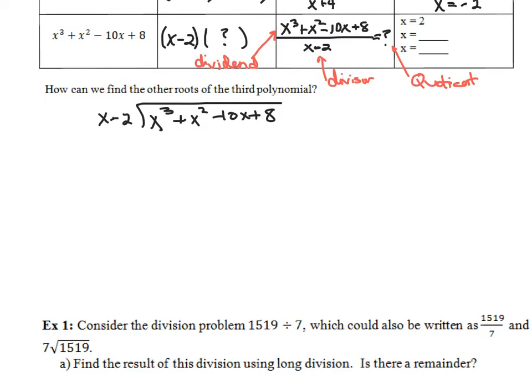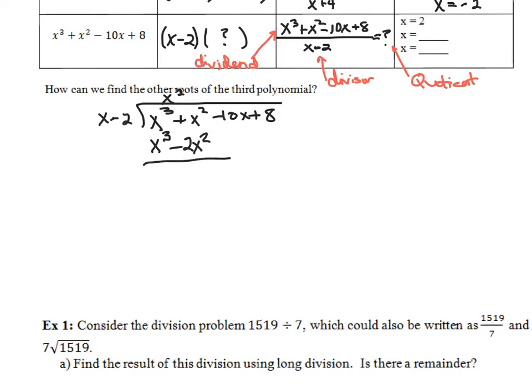We're going to approach this division in the same way, so we're going to say, beginning with my first term x cubed, let's divide by x. x cubed divided by x is, of course, x squared, so I'm going to put the x squared on top. Now I go ahead and multiply and say, what's x squared times x minus 2? x squared times x is x cubed, so I line it up right underneath the x cubed term. x squared times negative 2 is negative 2x squared.